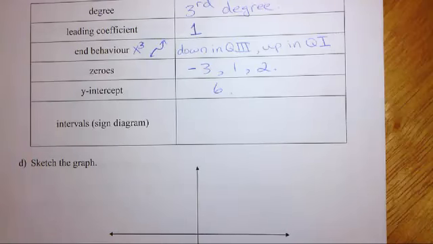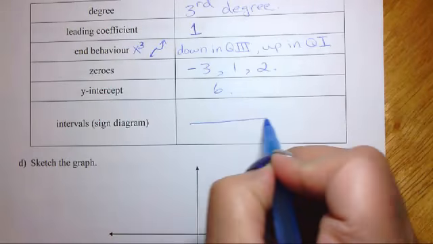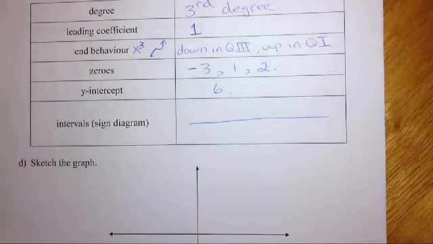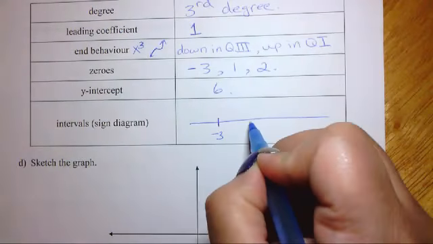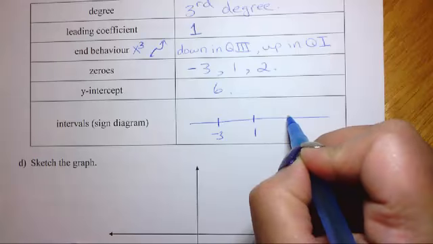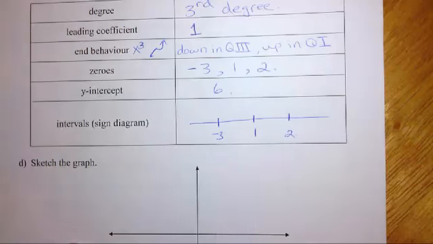And then we are going to copy our intervals, or our sign diagram, that we did in the previous video. When you're making your sign diagram, just to reiterate, it's a good idea to put all of your roots in order. So I've got my -3, my 1, and then my 2.